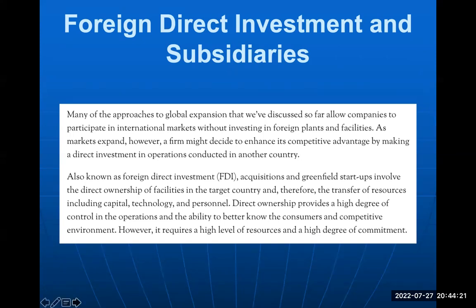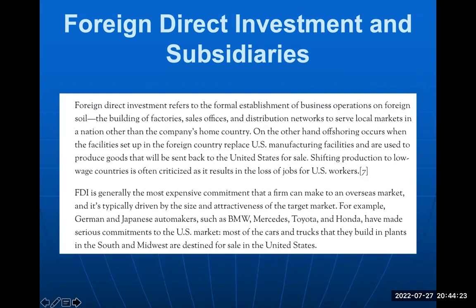Let me just see. So foreign direct investment refers to the formal establishment of business operations on foreign soil, the building of factories, sales offices, and distribution networks to serve local markets in a nation other than the company's home country. On the other hand, offshoring occurs when the facility set up in the foreign country replaces US manufacturing facilities and is used to produce goods that will be sent back to the US.